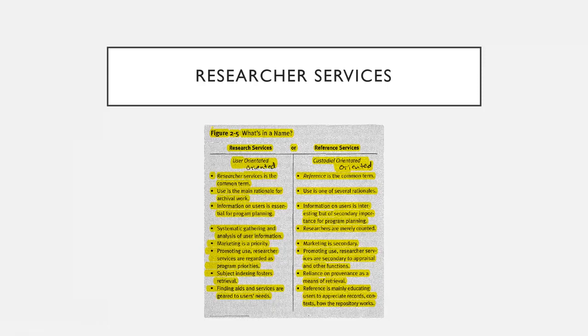If archives aren't working with researchers to find out what tools and features they want in online finding aids, among other services, they aren't really having a research services focus, and they're not focusing on the needs of the people that want to use archives.